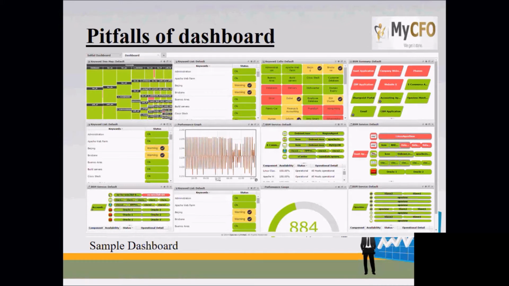If we do not highlight what's important, the user will go from everywhere to anywhere. If we don't highlight what's important, the dashboard loses its value, its importance, just like in this particular example. Cluttering the screen again with useless decoration and useless graphs again loses the focus of the user.